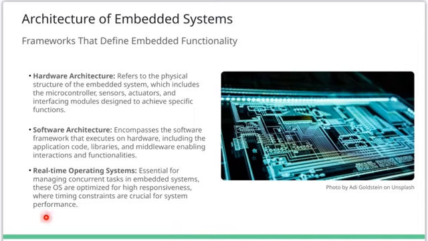These operating systems are optimized for high responsiveness and low delays, where timing constraints are very critical. You have to meet the timing constraints. There should not be any delay in executing the required functionalities. So for real-time operating system architecture, you need to have some idea.